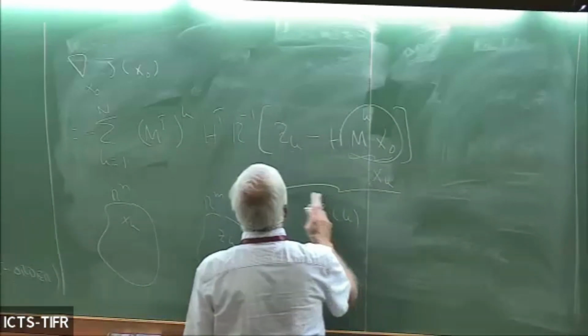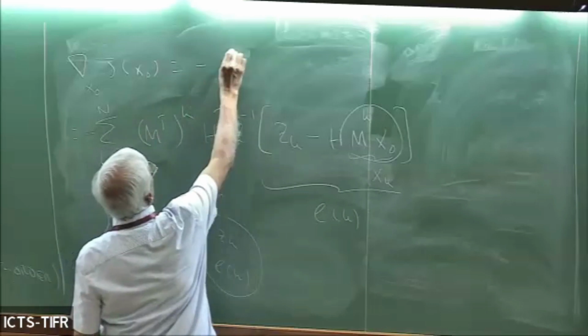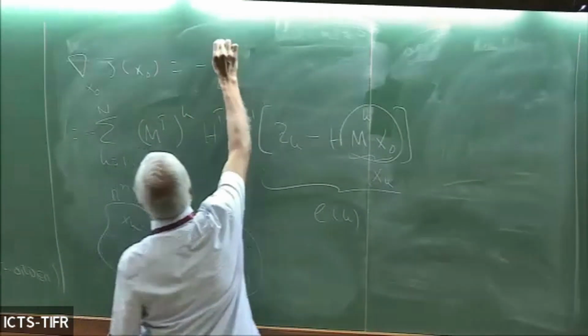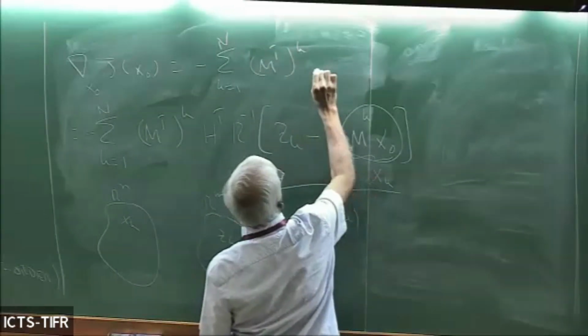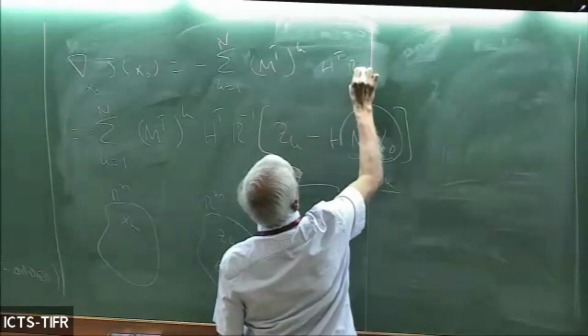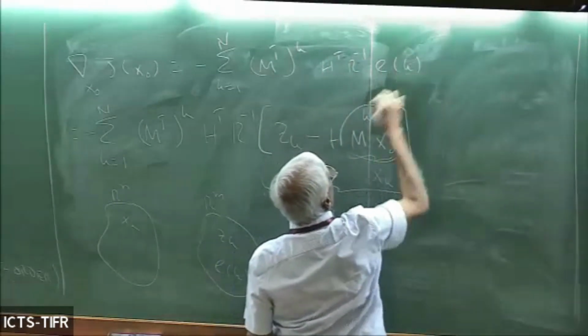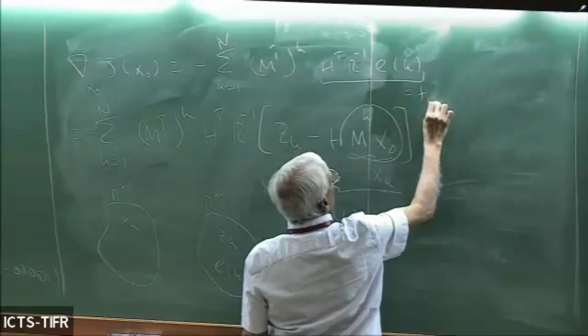So how can I give meaning to this expression? This expression can also be rewritten as minus summation k is equal to 1 to n, m to the power k, h transpose r inverse ek. This r inverse ek, I'm going to call it f of k.